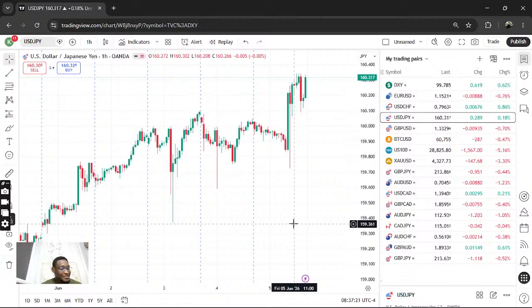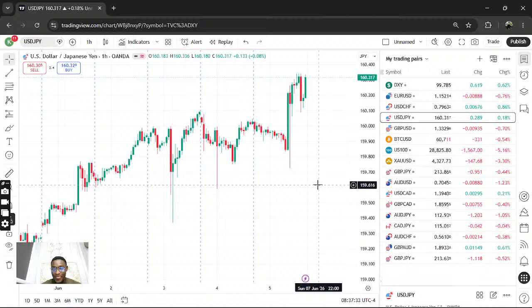I trade break of structure. I trade many things, okay, but it depends on what the market shows me. That will determine what I will use to trade. So today I'm going to show a breakdown of the trade that I took this week.